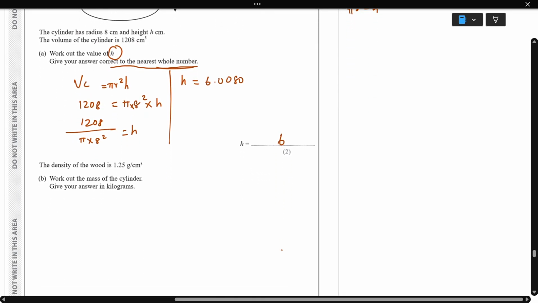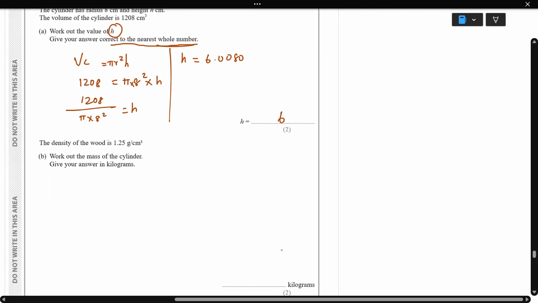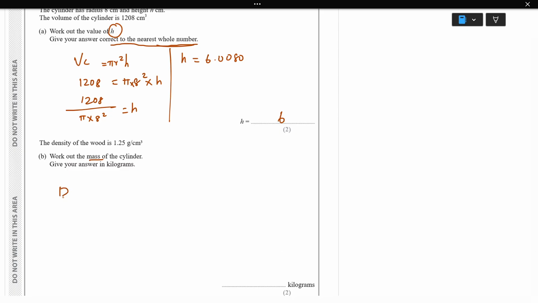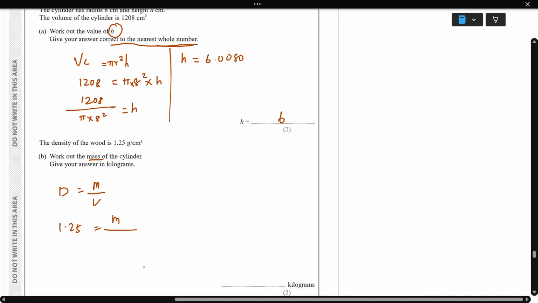The density of the wood is 1.25 grams per centimeter cubed. Work out the mass. The formula is density equals mass over volume. So density is given, which is 1.25, equal to mass over the volume, which is given in the question as 1208. So we need to find the mass. Mass equals 1.25 times 1208.